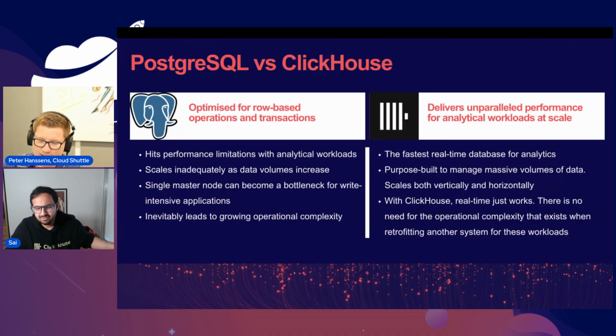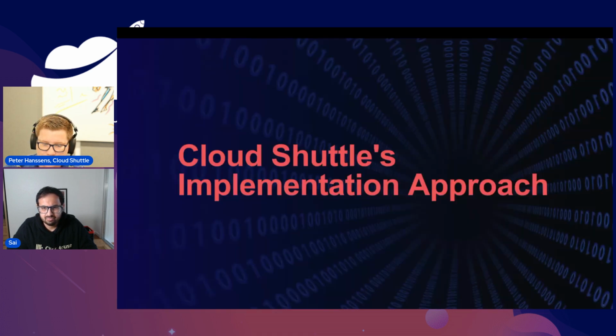Yeah, so let's compare these technologies. While Postgres excels at transactional workloads, it faces limitations with analytics at scale. ClickHouse, on the other hand, is purpose-built for analytical workloads, offering unparalleled performance through its column-oriented architecture and distributed nature. So, Cloud Shuttle's approach: we'll take you through a quick implementation and a demo of how we've approached things at Cloud Shuttle.